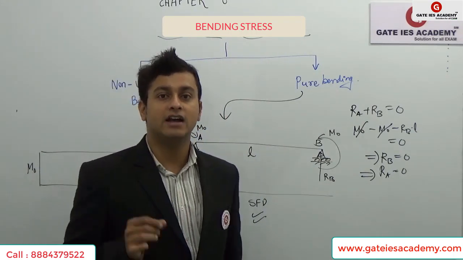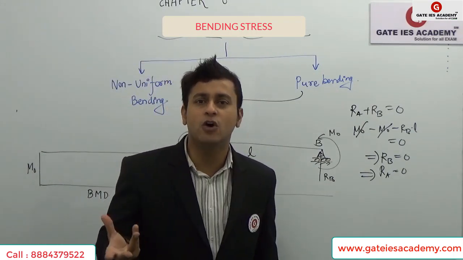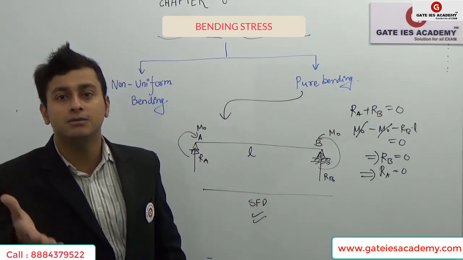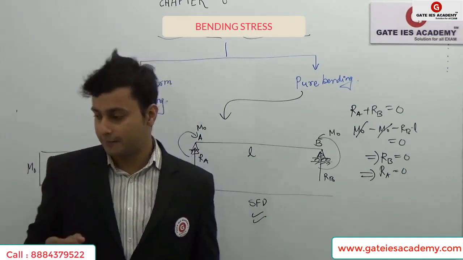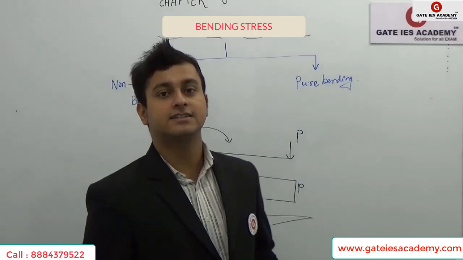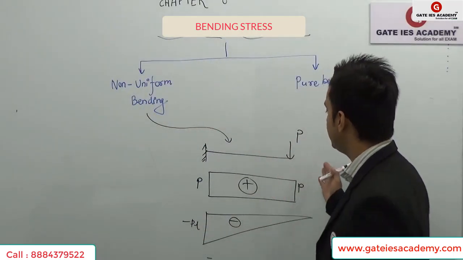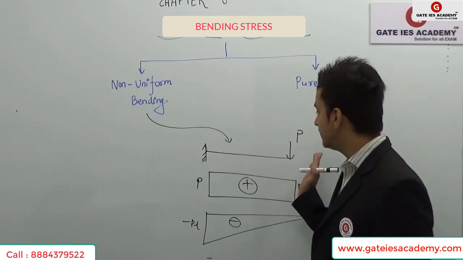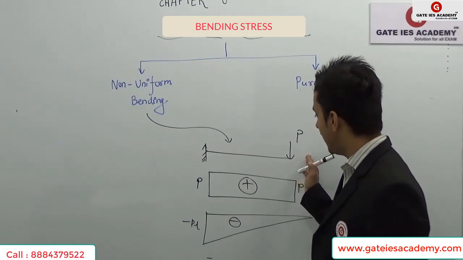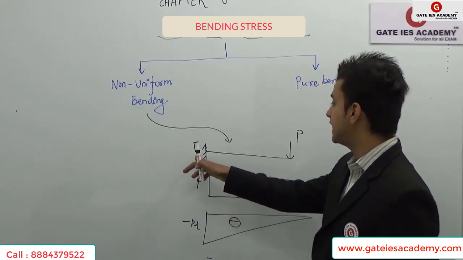Now let's look at a non-uniform bending case, which we all know, but I'll take an example which becomes a lot easier to understand. Okay students, now let's discuss the non-uniform bending case. You can see over here we have a beam in which load P is applied on the right hand side, and therefore a shear force will be generated.